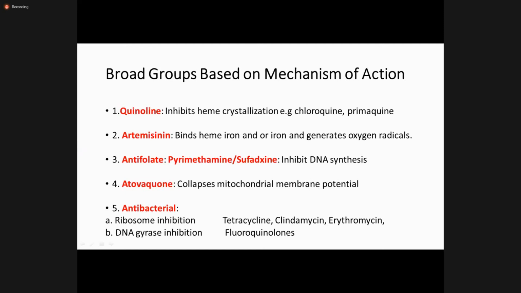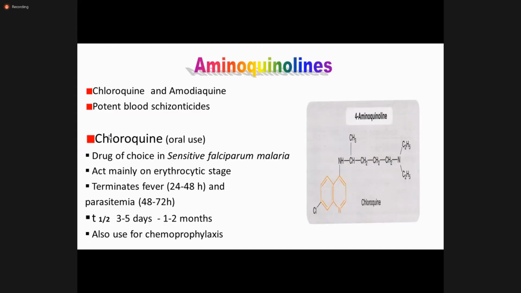We start with the first drug that is very well known, that is chloroquine. Chloroquine is a drug that belongs to aminoquinolines. You will find slight changes in the name, but aminoquinoline is the chemical parent compound that is used for chloroquine.